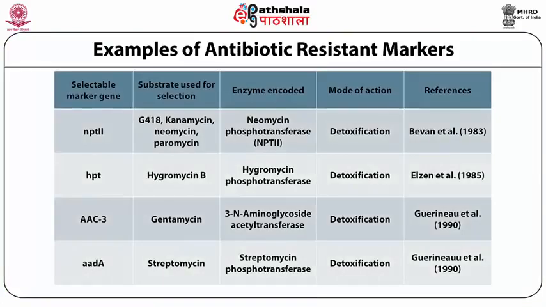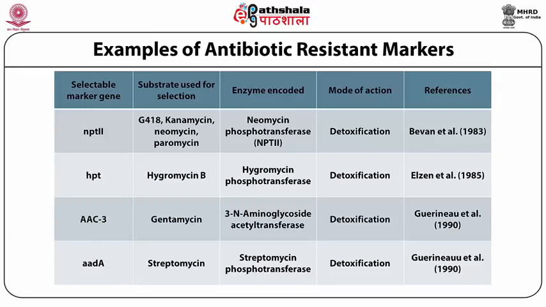Different types of selectable markers include antibiotic resistance markers, antimetabolite markers, herbicide resistance markers, etc. Different types of selectable markers have been used to select transgenic plants, and these include markers for positive selection and for negative selection. Most of the selectable markers used for positive selection include, first, the antibiotic resistance markers.